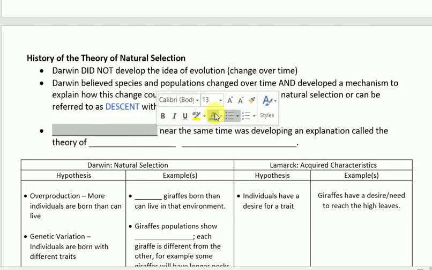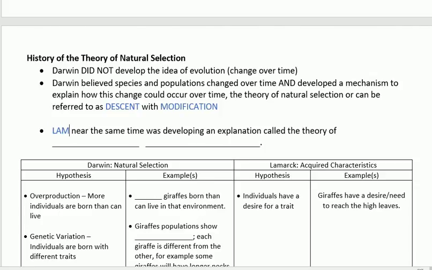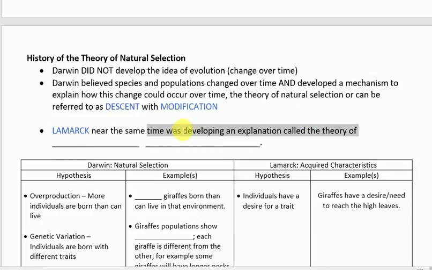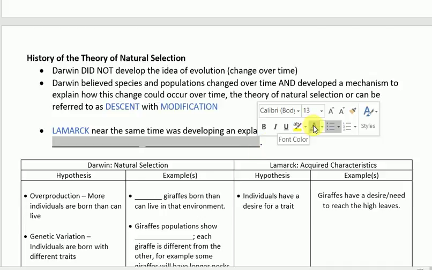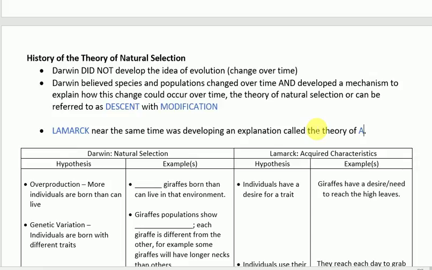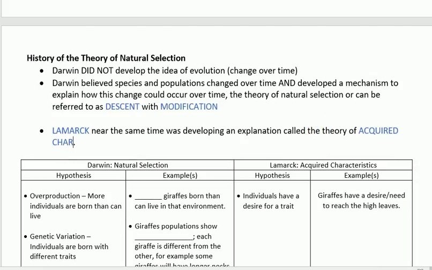There was also another scientist named Lamarck, and near the same time he was developing an explanation, and he called it the theory of acquired characteristics.